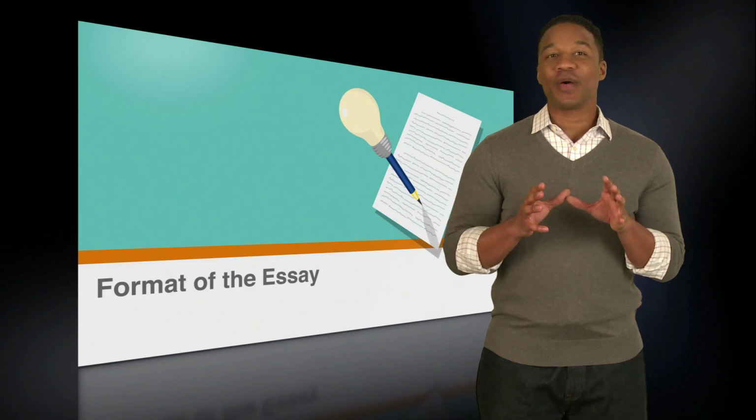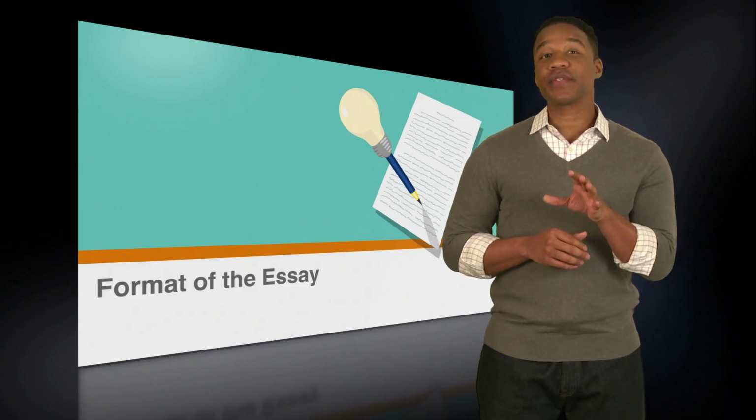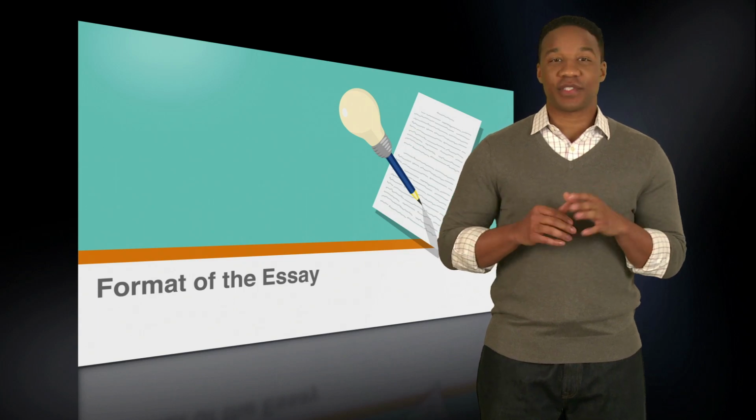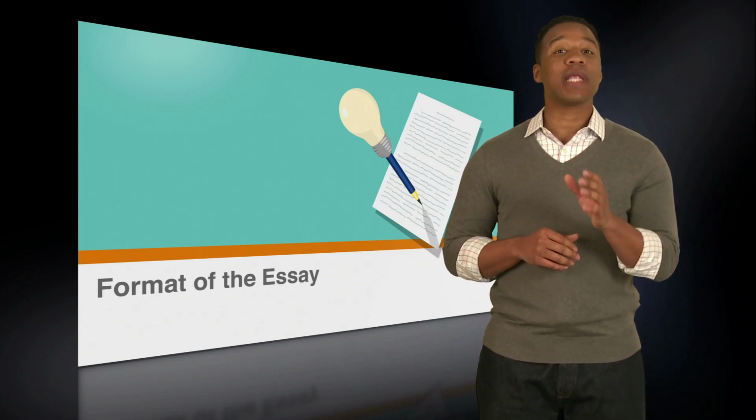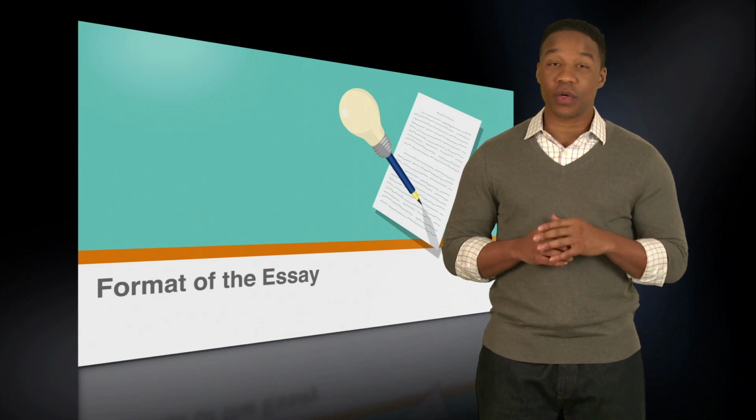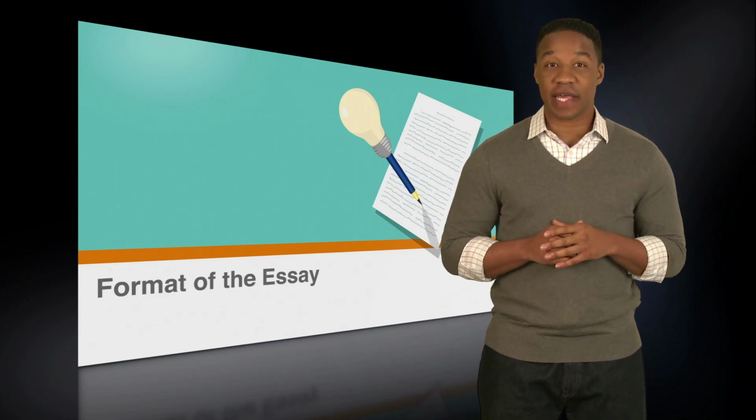Your writing style will also be important. The graders are looking for a wide variety of sentence structures and a formal, academic, and objective tone suitable for a college-level essay.